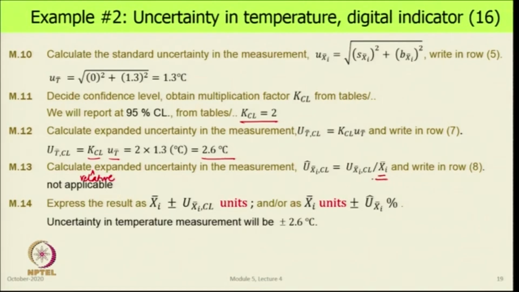We do not have this value, so not applicable, and finally, we express the result. In this case, as a percentage we cannot do it, we just say that the uncertainty in the temperature measurement will be plus minus 2.6 degrees Celsius at the least. On top of that, we could have added random standard uncertainty. So, with this selection of sensor and indicator, this is what we could expect.